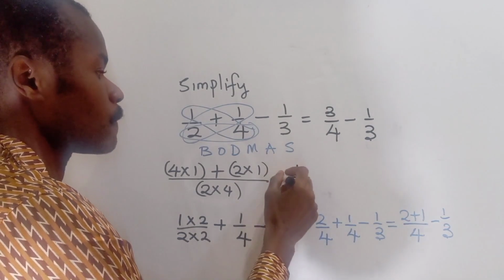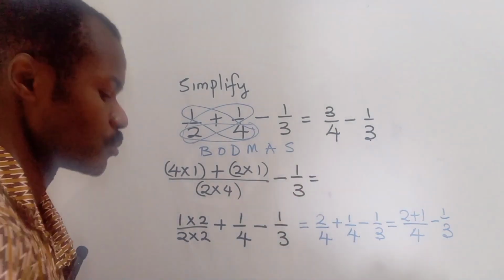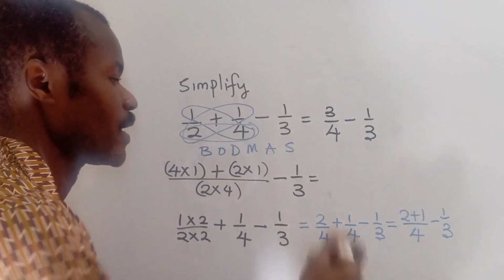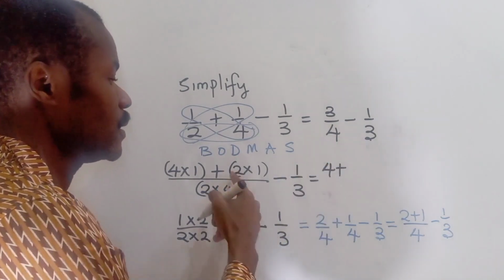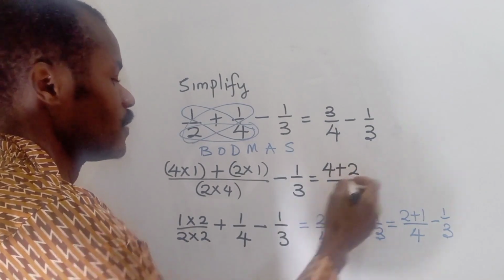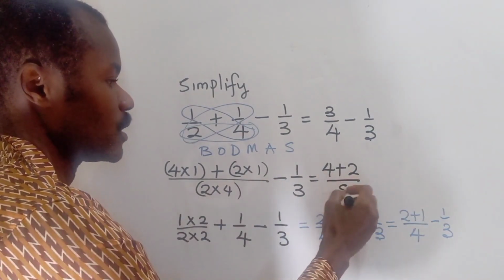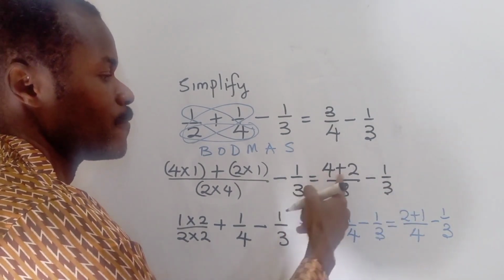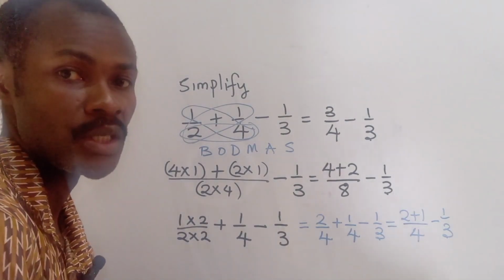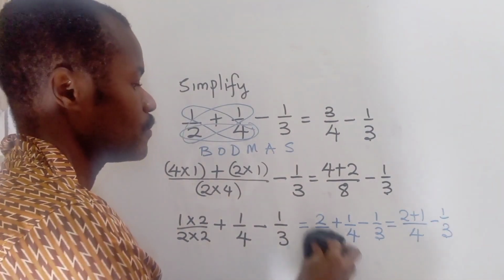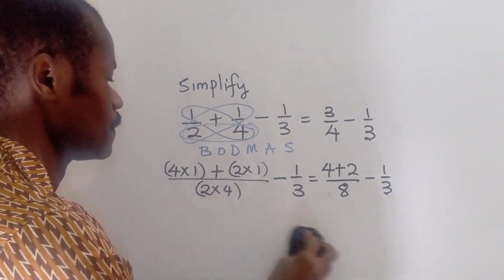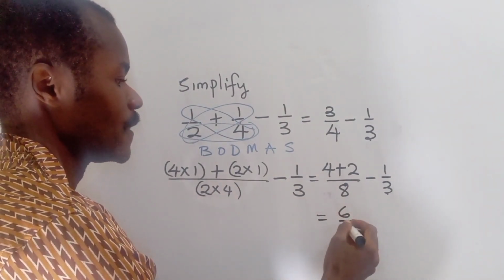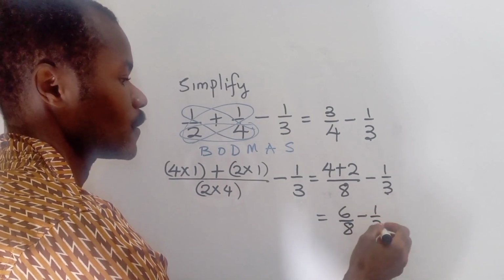From this, we can now simplify further. 4 times 1 is 4. So we have 4 plus 2 times 1, which is 2, divided by 2 times 4, which is 8, minus 1 over 3. Now 4 plus 2 is going to give us 6. So we have 6 over 8 minus 1 over 3.